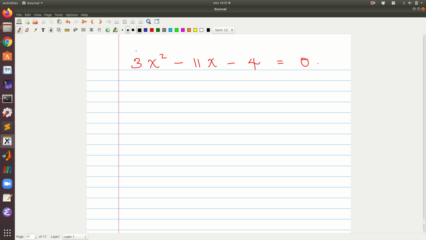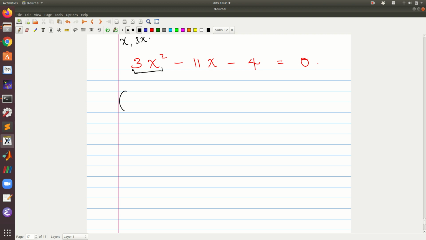Now, again, we said we look at the square term here, and then we find its factors. This is positive 3. We find its factors here. So the factors here are x and 3x.